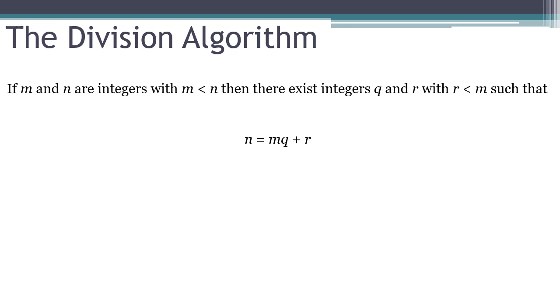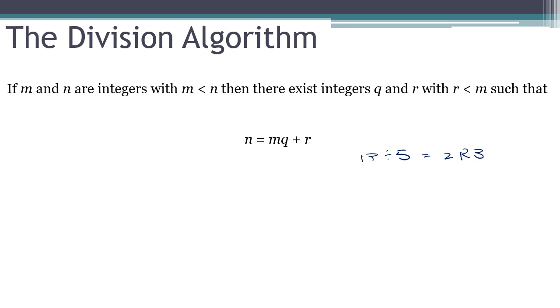Now, this is the classic division algorithm for numbers that comes from number theory. This is actually our definition of division for integers. So to see how this works, think about an example like 13 divided by 5. A quick long division shows that this is equal to 2 with a remainder of 3.